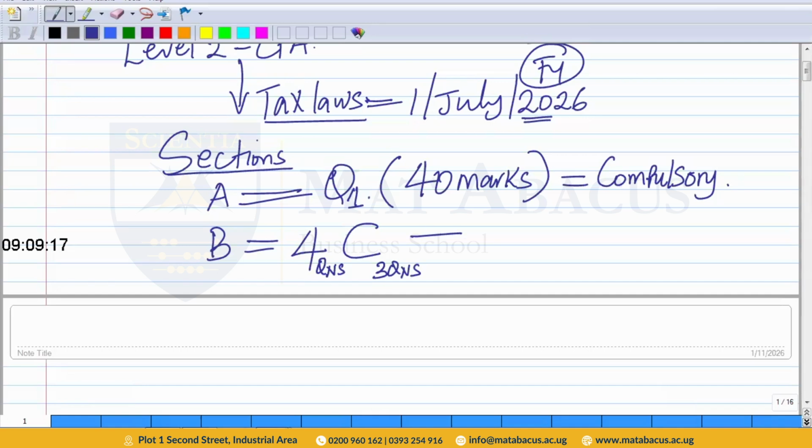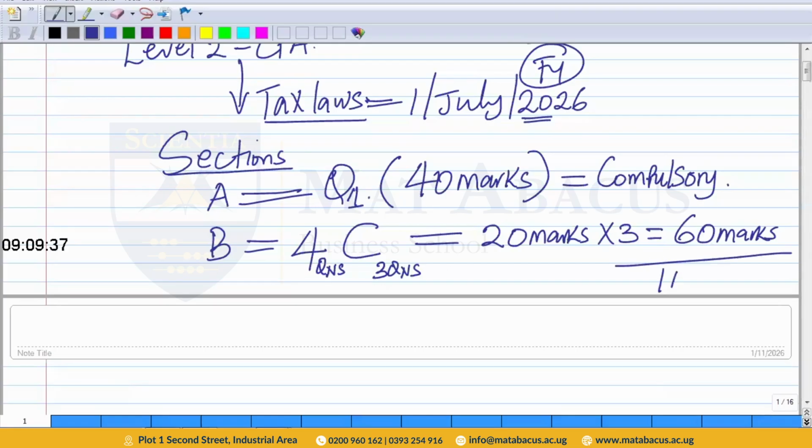Each question carries 20 marks, so it is 20 marks times 3 questions. That's 60 marks. So when you add 40 plus 60, it gives you 100 marks in total.